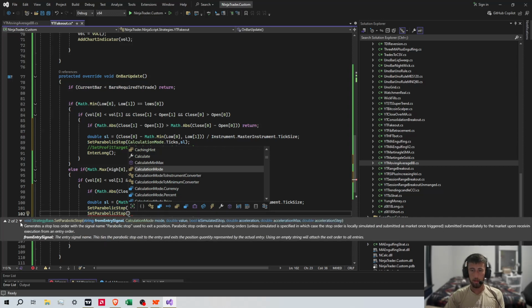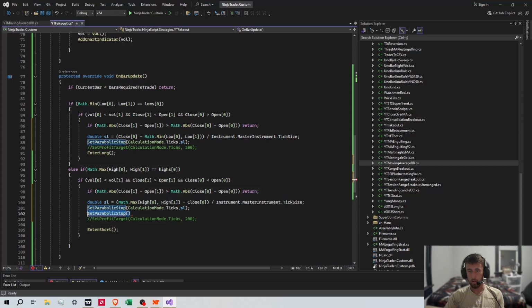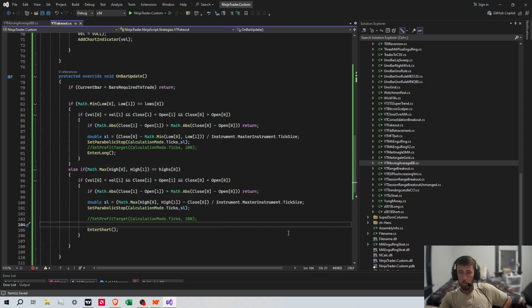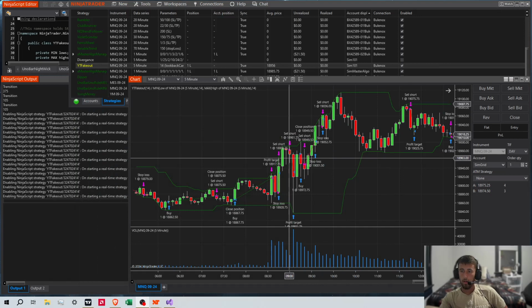I'm pretty sure you just can't use price because it's trailing. It just doesn't work with price. So let's test this out. Compile that and load it on the charts.